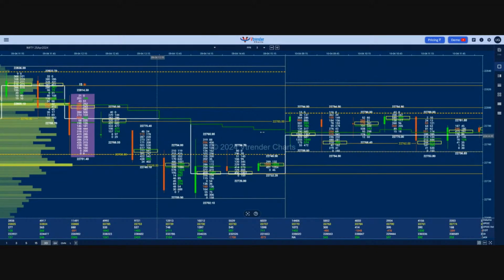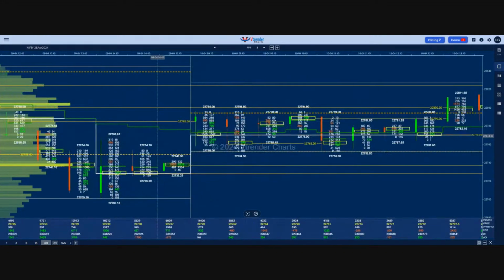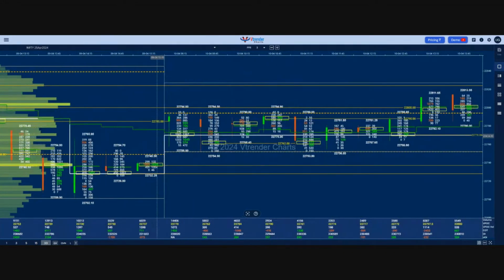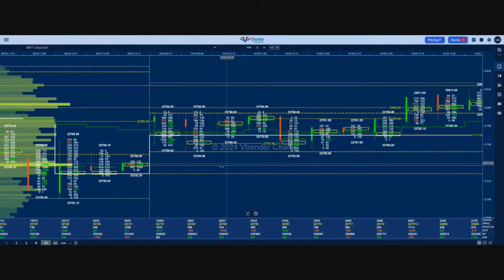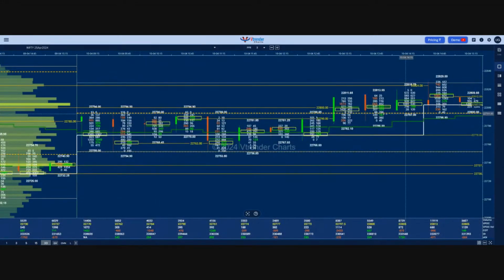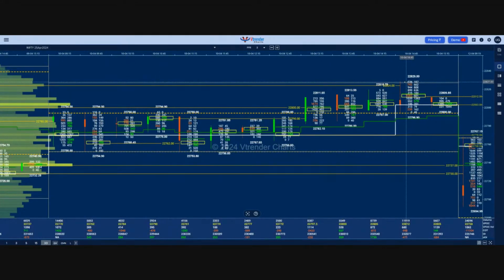So that is the reason 10th of April was a close fight in a narrow range because both the buyers and sellers were trying to gain control. But neither of them, the sellers were not able to break this 22751, and the buyers, when they made an attempt, you can see they did hit the 22824. You can see that NPOC line here, but we have got sellers coming in here.